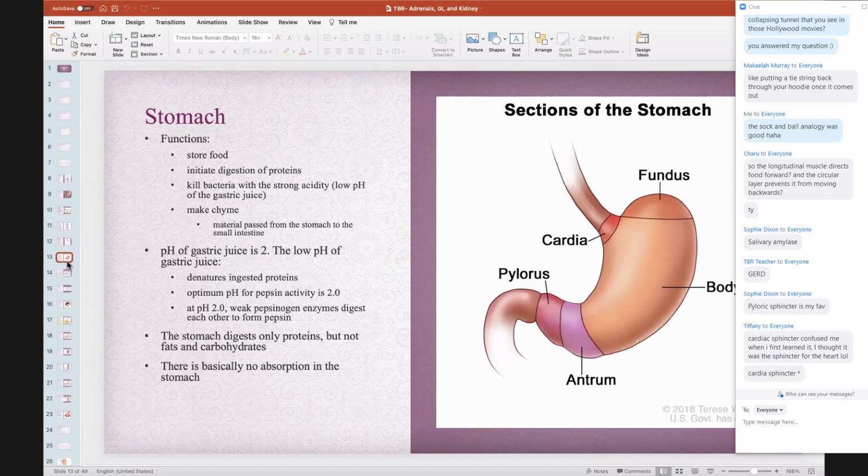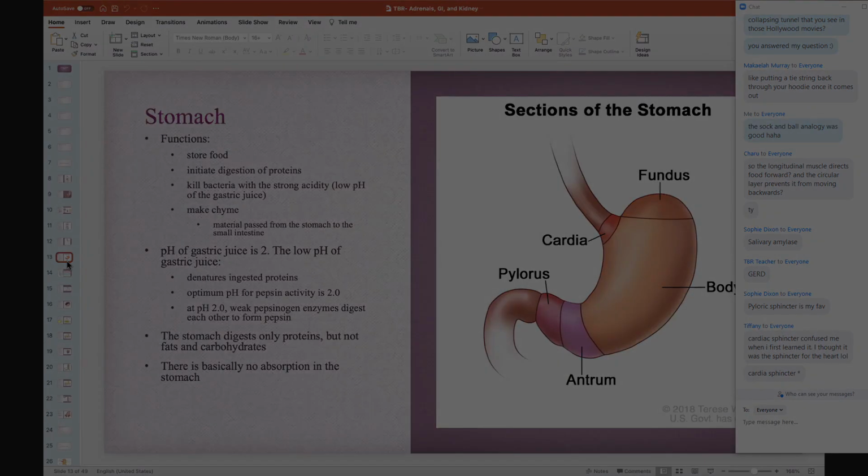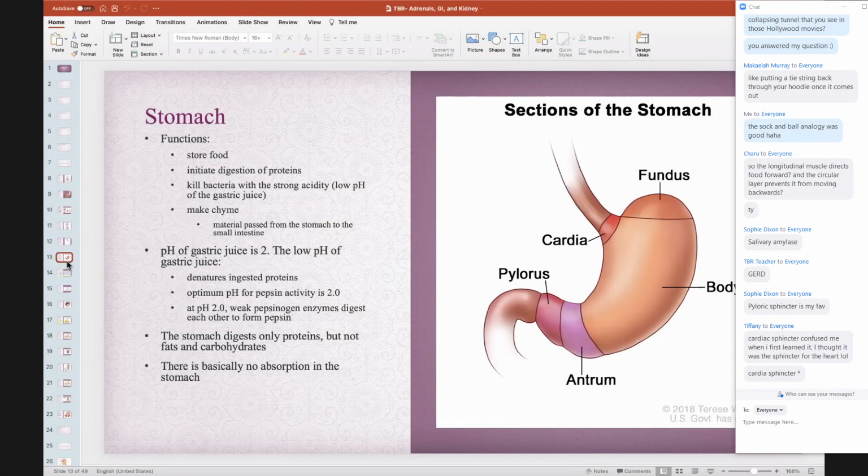In the mouth, we're trying to digest starches. You also have mechanical digestion. But in the stomach, you're no longer digesting those starches. You're just digesting proteins. There is no absorption in the stomach, and the reason is this thick lining of mucus. Why do we have a thick lining of mucus? That's to protect the stomach lining itself from the acidic environment.